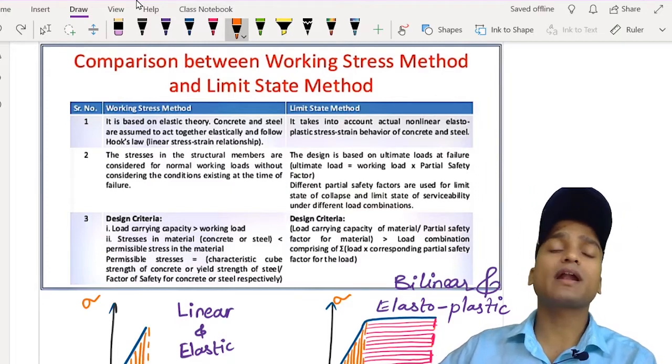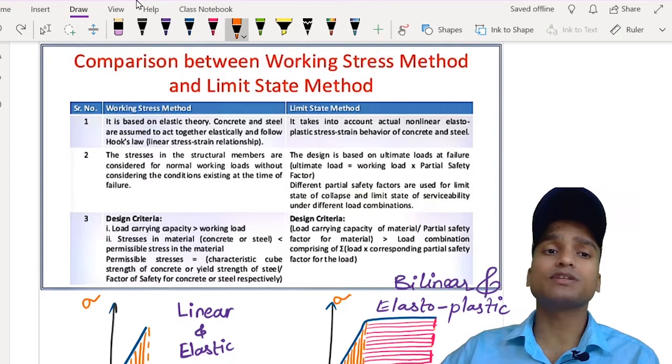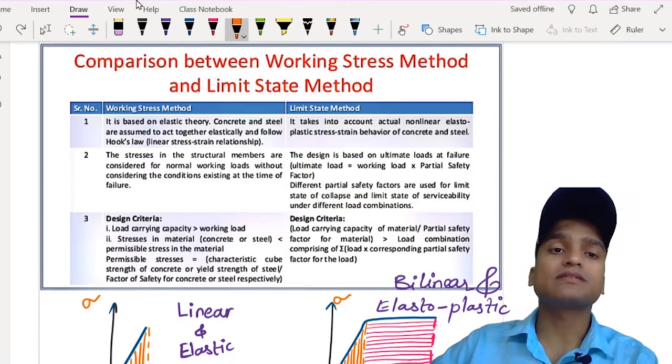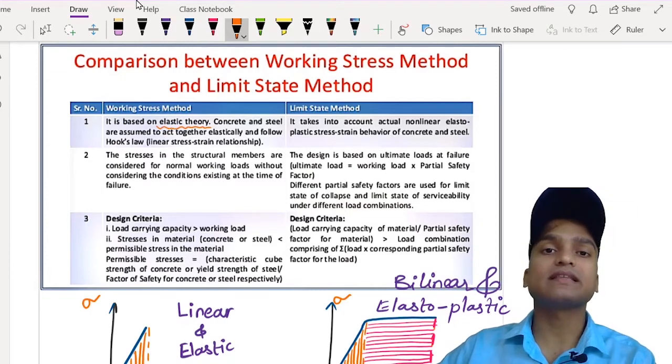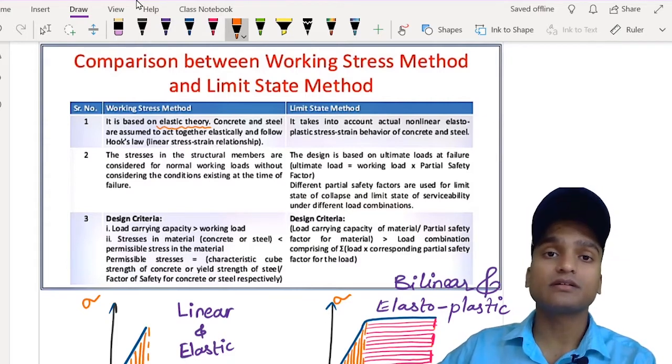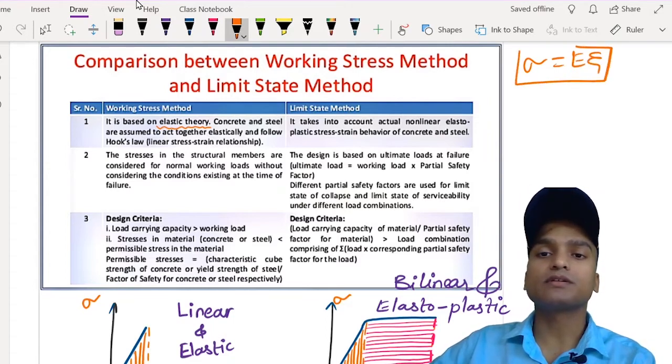If we look at the basic design criteria in WSM, we will see that it is based on elastic theory. Now, elastic theory of material says that the stress and strain relationship is linear. Stress is directly proportional to the strain, where E is the elastic modulus.